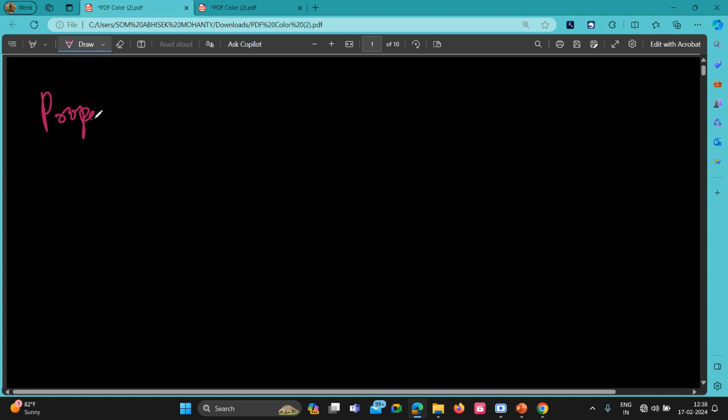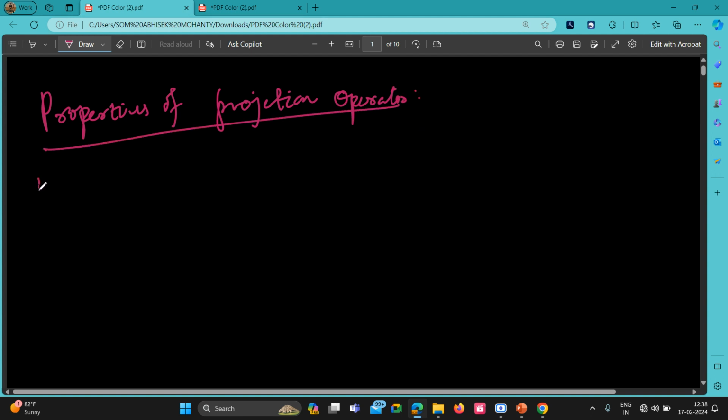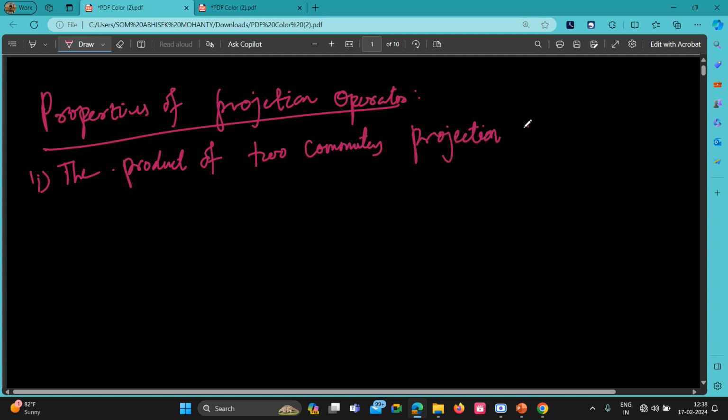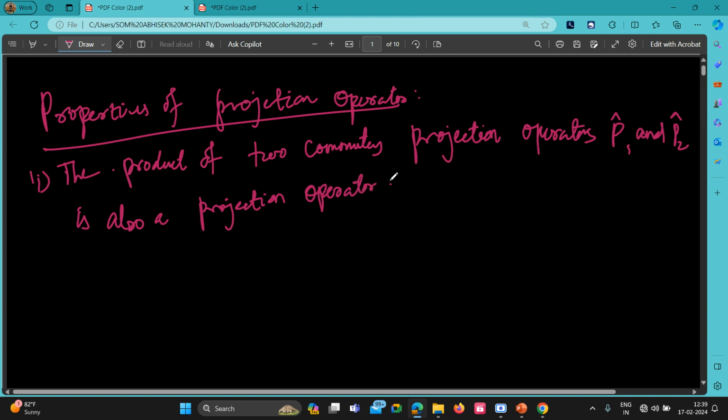Okay. So next, write the properties of projection operator. So the product of two commuting projection operators P1 cap and P2 cap is also a projection operator, because P1 P2 dagger is equal to P2 dagger P1 dagger, which is equal to P2 P1, because projection operator means it is Hermitian.